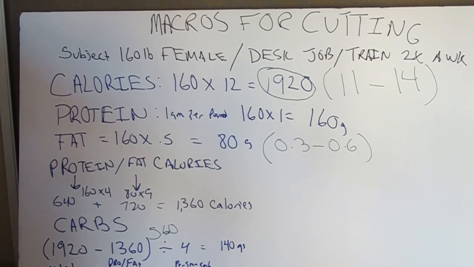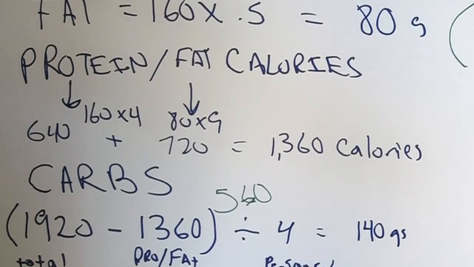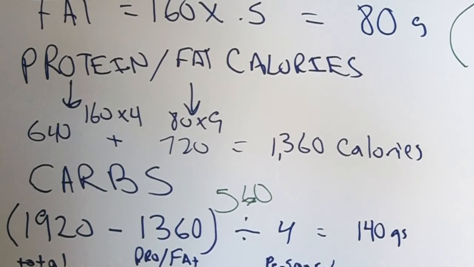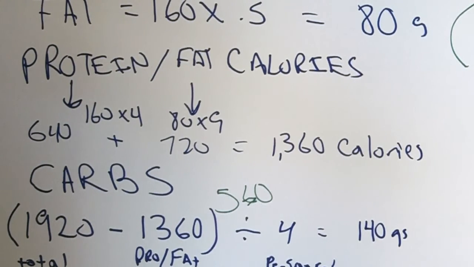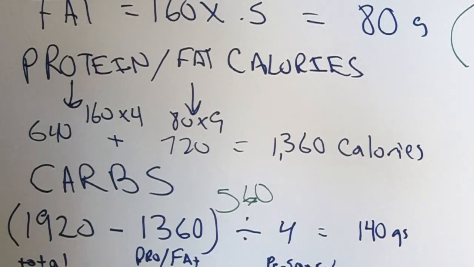The next thing we have to do is figure out how many of these calories we're going to get from protein and fats. The way to do that is 1 gram of protein equals 4 calories. So we're going to take her protein intake, which is 160 grams, multiply it times 4, and we get 640.